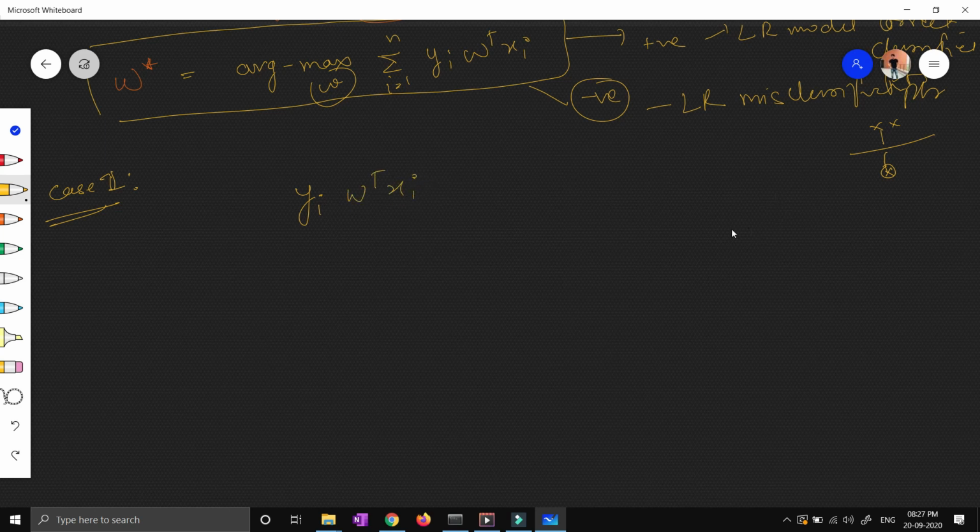So if this is my plane and this is my positive point, I know the value of yi for this point is +1 because it's a positive point, multiplied by this particular distance.